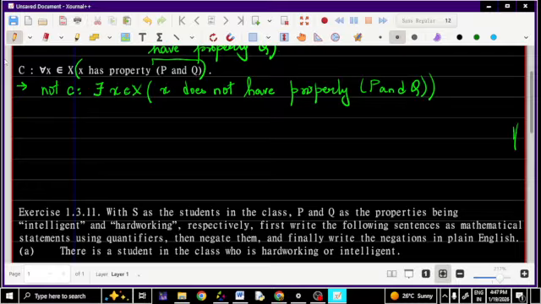And now further, the final negation will be what now? If x does not have P and Q, that means at least one of them it is not having. Right?